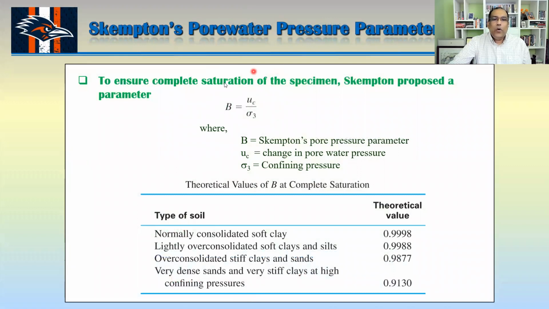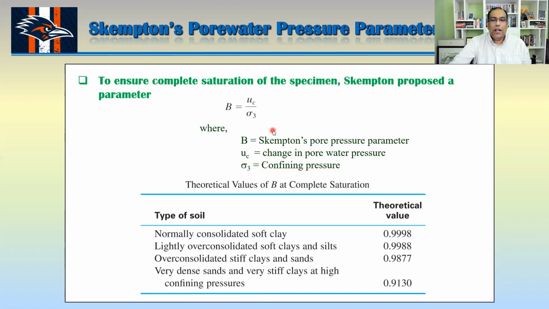Now we have already talked about that B value, which is very close to 0.99 or close to 1. That's basically the ratio of pore water pressure to cell pressure.